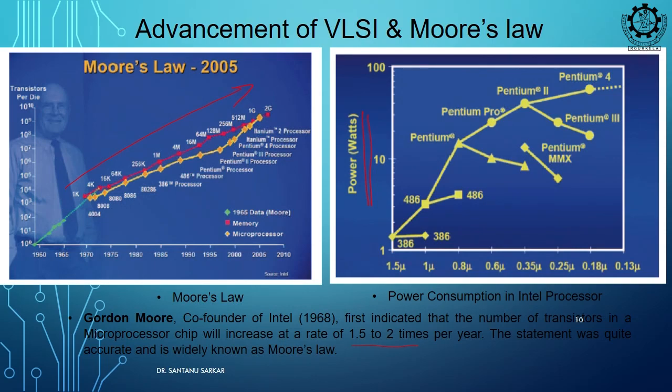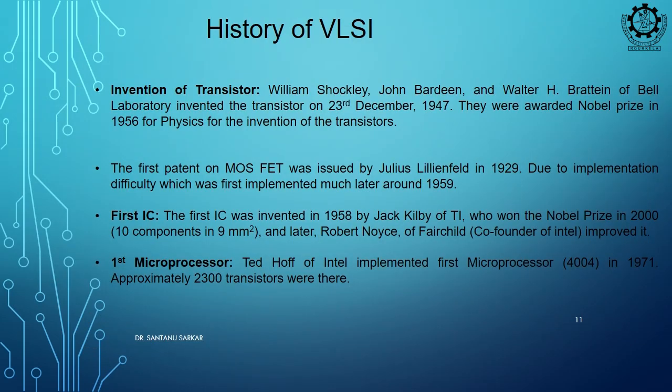And as we go up in frequency, power will also increase. That is why we suddenly started thinking about low power. Why did low power design suddenly become so important? We will discuss this after a brief time.